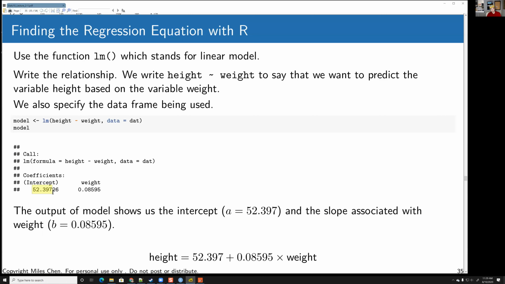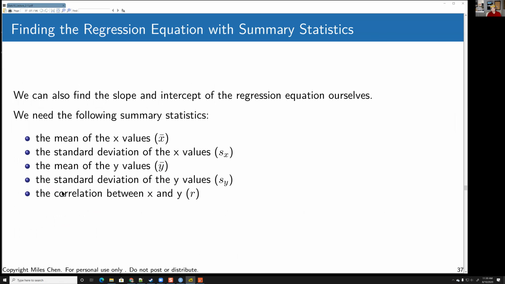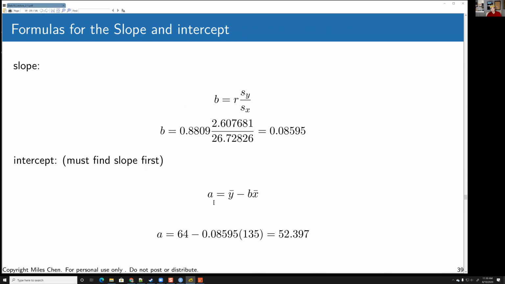How do we get this intercept of 52.397? The intercept is found by taking y bar minus b times x bar. So you have to find the slope first, which is your b. You take the y bar, which is the mean of y, 64 inches, subtract off b, this slope 0.08595, times the mean of x, x bar, 135, and when you do that, you get an intercept of 52.397.